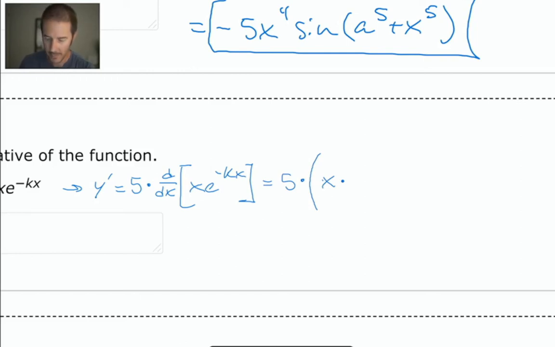And the derivative of that is, let me switch colors, e to the negative kx times the derivative of negative kx, the derivative of the exponent, which is negative k.